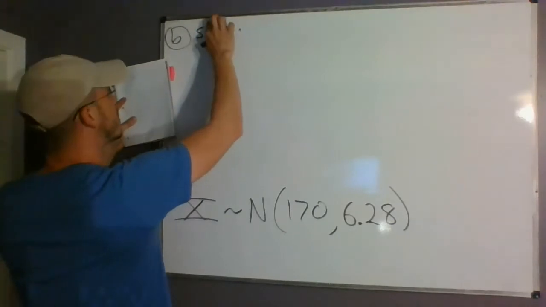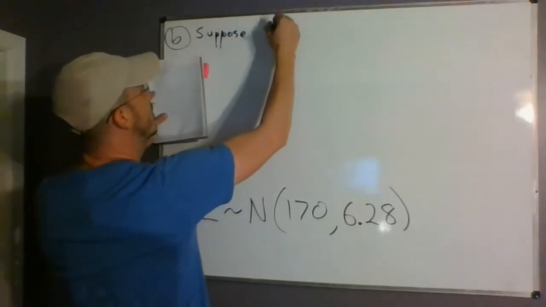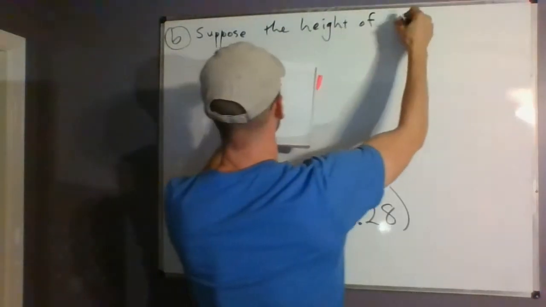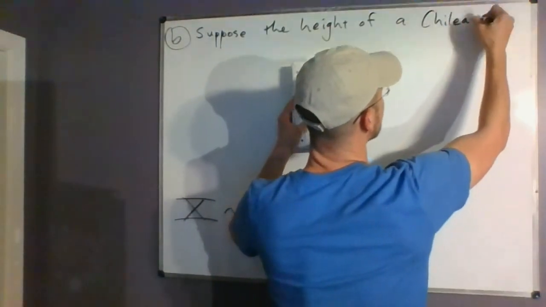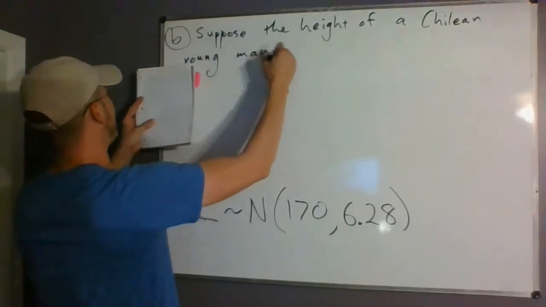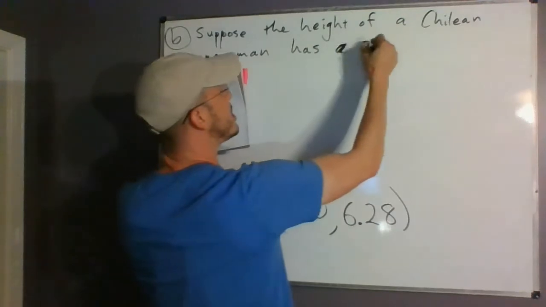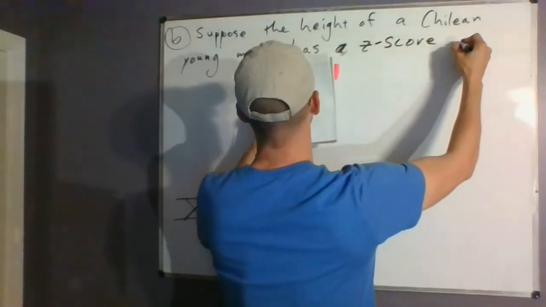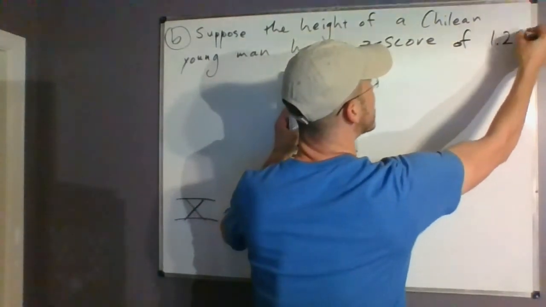Suppose the height of a man has a z-score of 1.27.